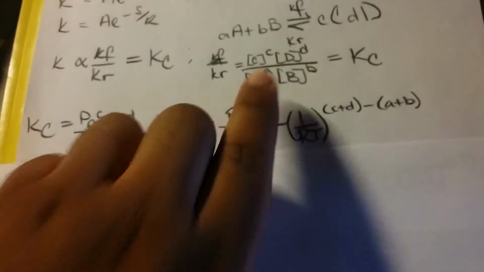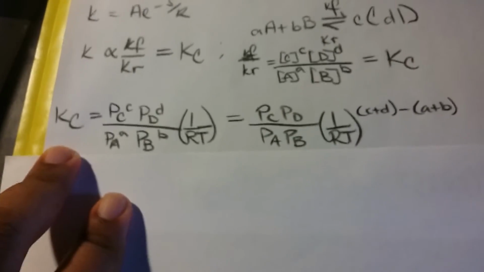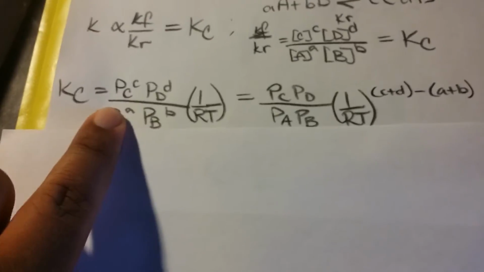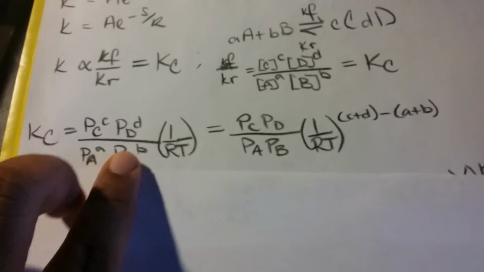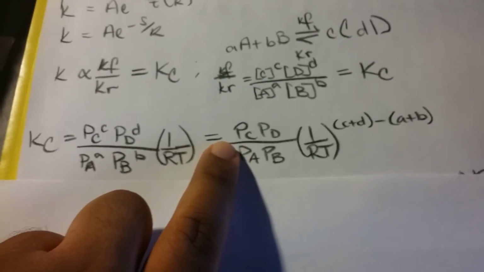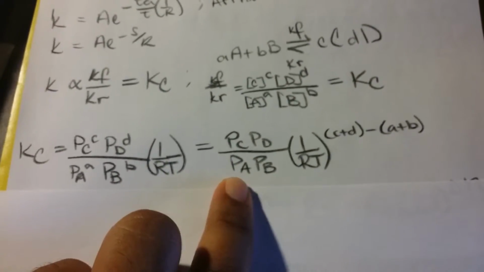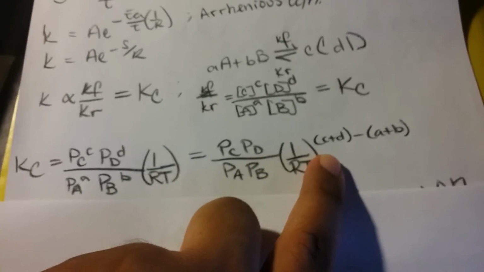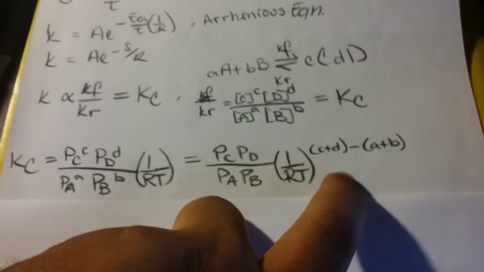So having that said, we can also apply that to pressure, where we have the equilibrium constant with the pressure value of C to the power of c and so on and so forth times 1 over RT, which gives us the P of C times the P of D over the P of A times the P of B times 1 over RT to the change in exponents.